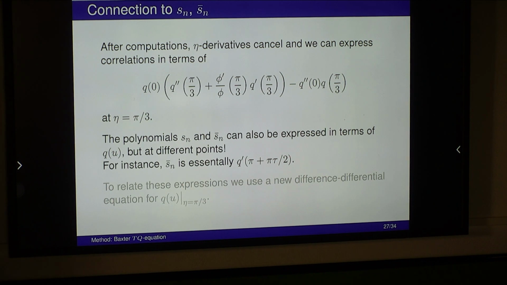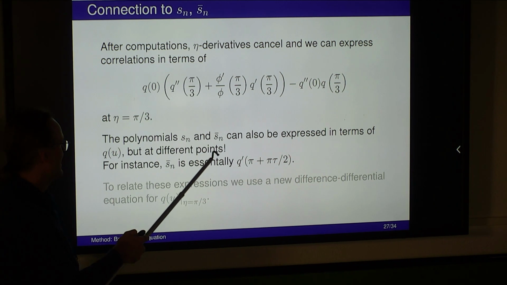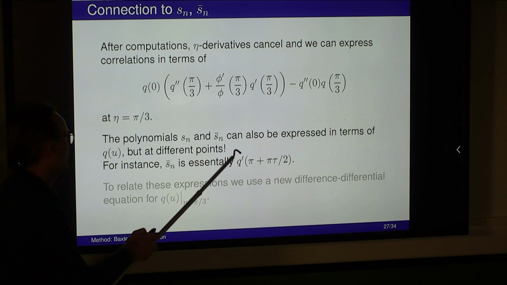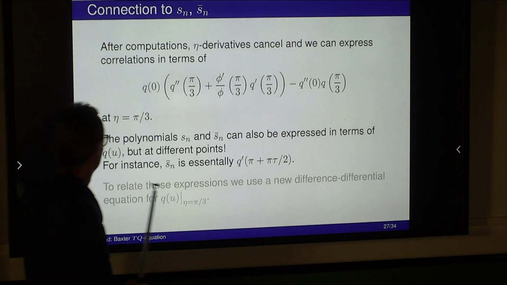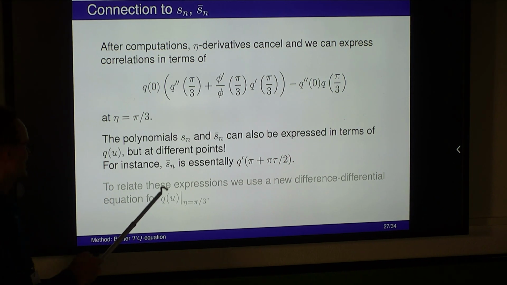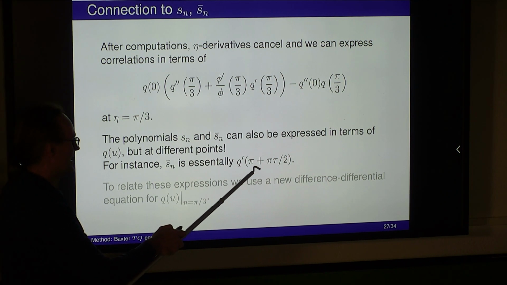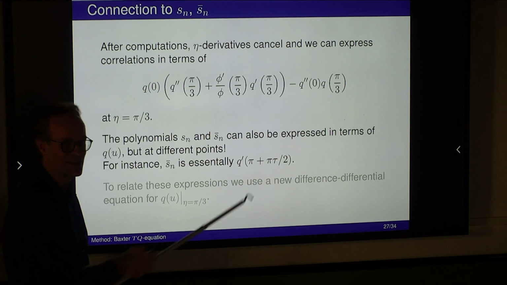But what we can observe is that those polynomials we are after also have some expression in terms of the Q operator eigenvalue, but they involve specialization at different points. For instance, these S bar polynomials are basically the derivative of the Q operator at a specific half period.